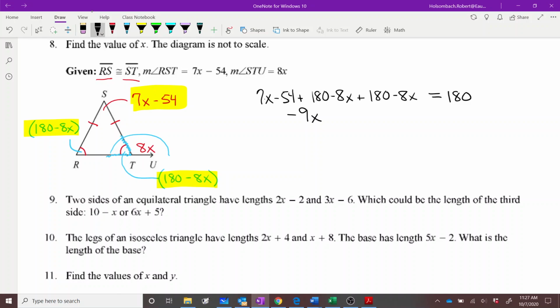We've got a negative 54, a 180, and a 180. So that's going to be negative 54 plus 360, which is positive 306.